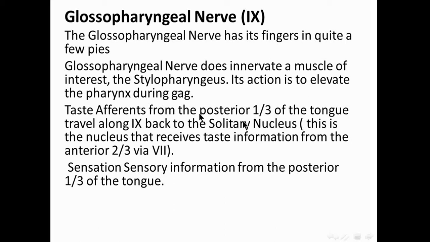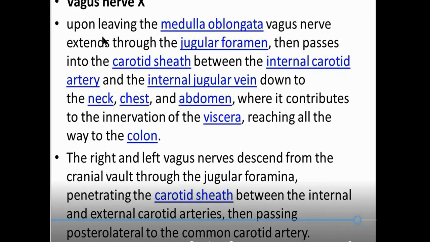The taste afferent from the posterior 1/3 of the tongue travels along cranial nerve number 9 to the solitary nucleus. This nucleus also receives taste information from the anterior 2/3 via the facial nerve. So the solitary nucleus receives information from the anterior 2/3 via the facial nerve and the posterior 1/3 via the glossopharyngeal nerve.